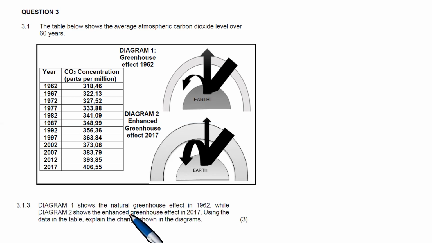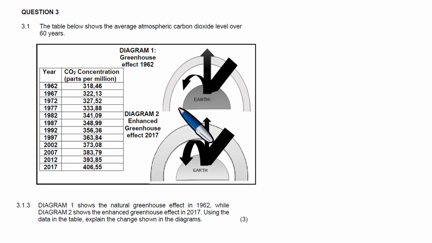Next question. We've read about the concentration of carbon dioxide and the increase in the concentration of carbon dioxide, in parts per million, in the atmosphere. Now you can see the thickening of the atmosphere, and here it's becoming thinner.